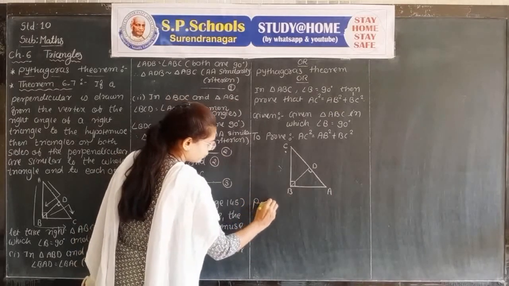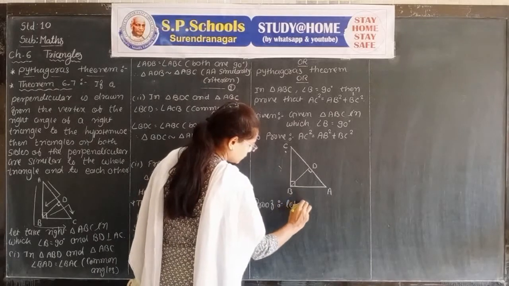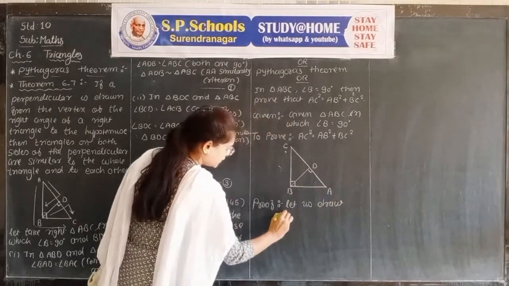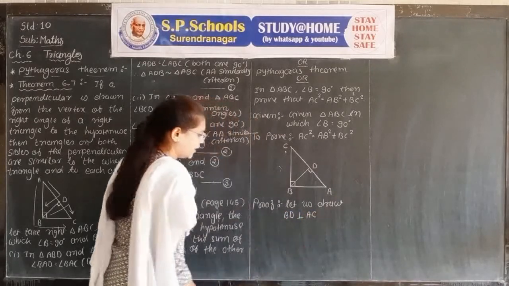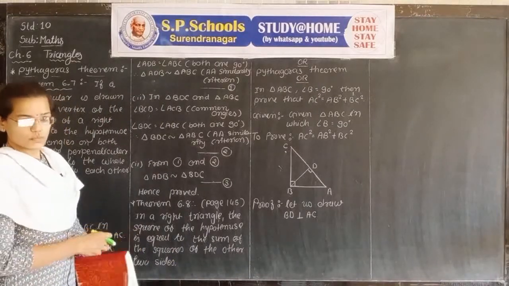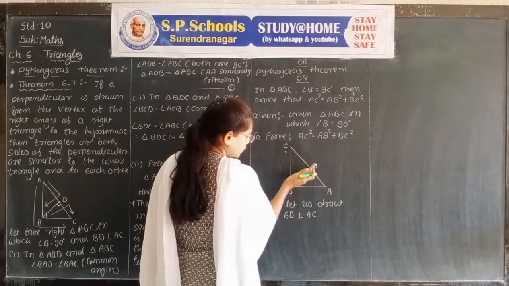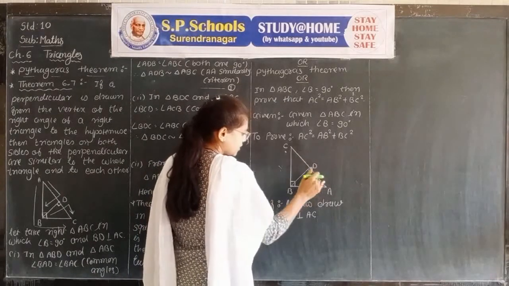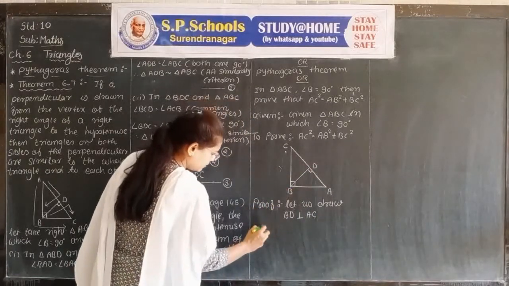First step of the proof: let's draw BD perpendicular on AC. Then we have to take 2 similar triangles on both sides of the perpendicular, similar to ABC. For that, first take triangle ABD.